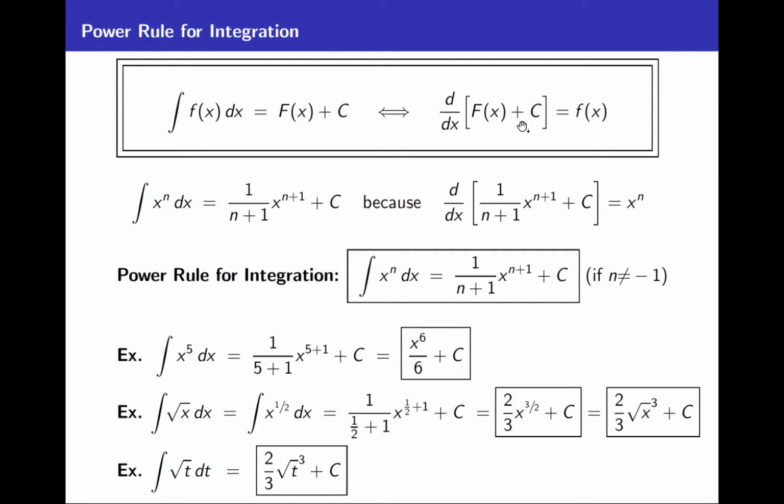And in differentiating the big F of x plus c, that d/dx had a dx in it, and that was telling us that we're differentiating with respect to x. That's the variable that we expect to encounter, and so we get a function little f of x. And we enclose the function that we're differentiating in square brackets, or maybe parentheses.